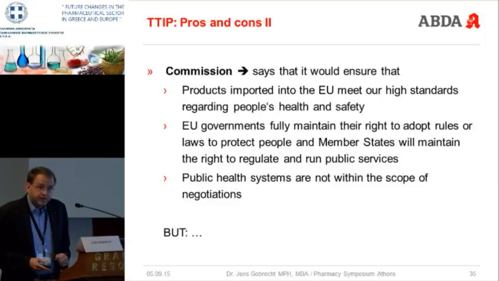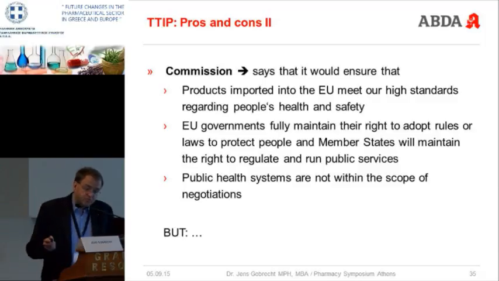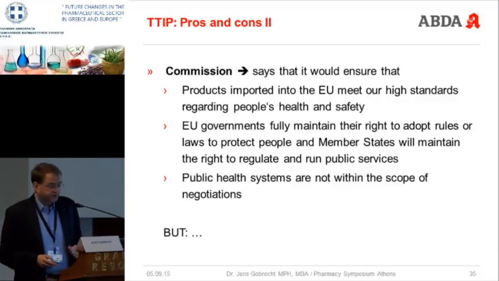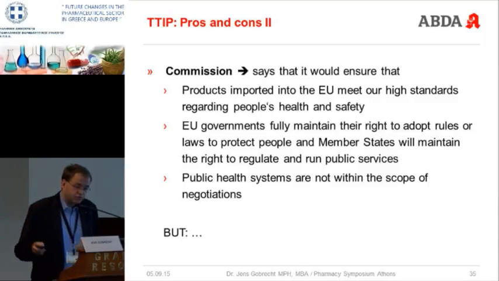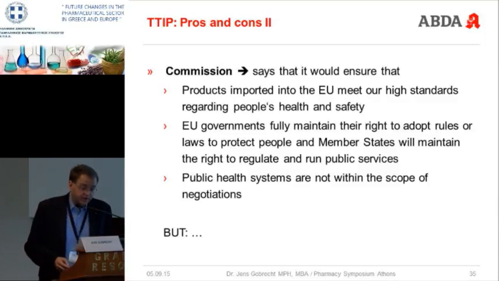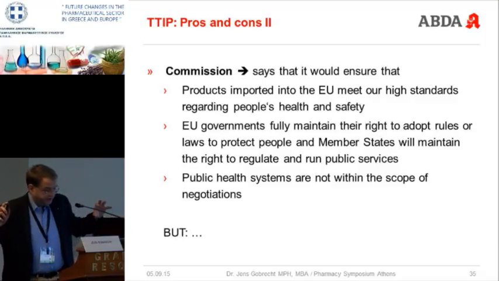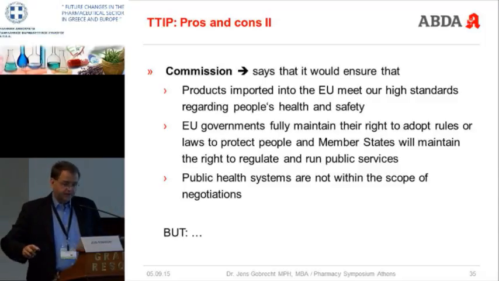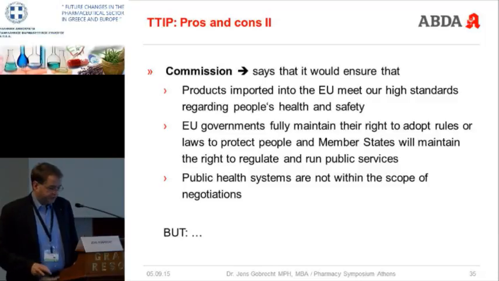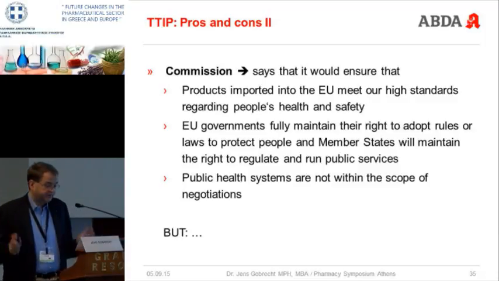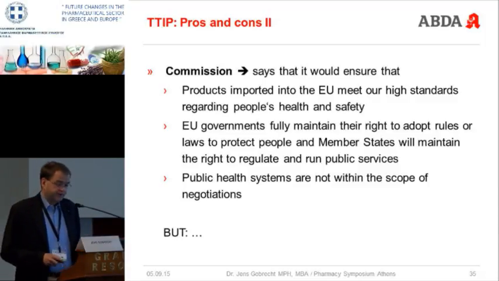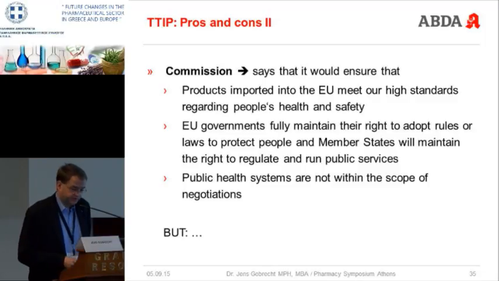And the Commission says that they would ensure that the products imported to the EU meet our high standards regarding people's health and safety, and that the EU governments fully maintain their right to adopt rules and laws to protect people, and member states will maintain the right to regulate and run public services, including health services.